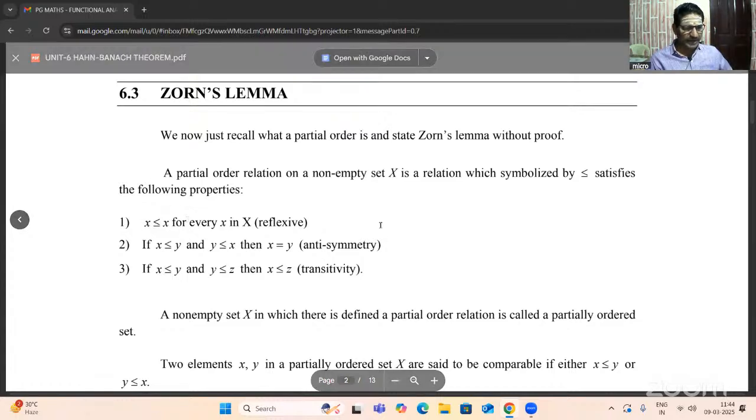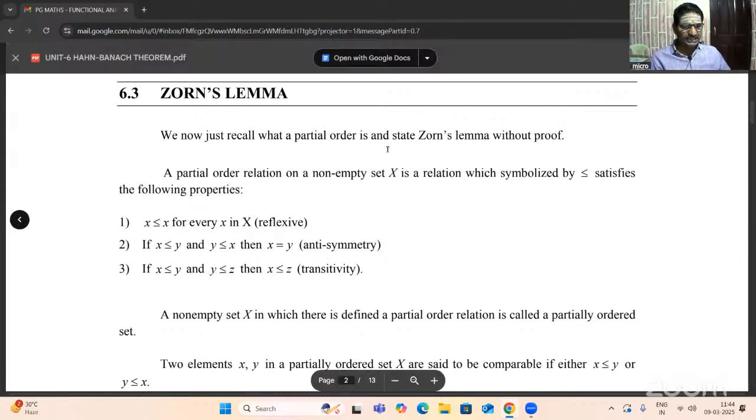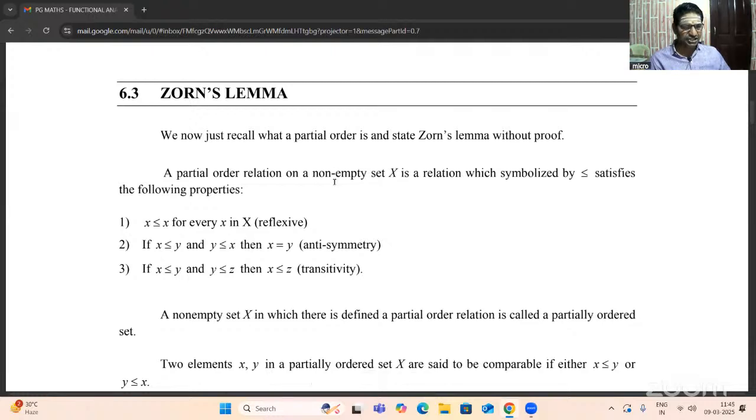These theorems were also practiced in the previous DMS paper. Each one is important here, because without partial order relations, the well-ordering principle, and mathematical induction, we cannot apply these basic properties in many theorems. Here, the partial order relation is denoted by less than or equal to, and the given non-empty set is denoted by capital X.